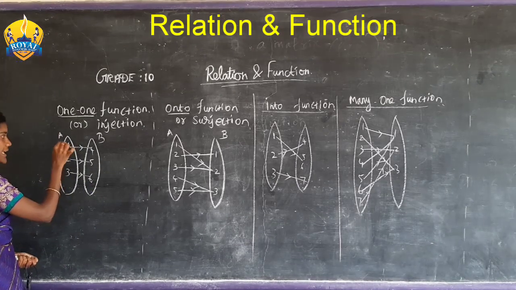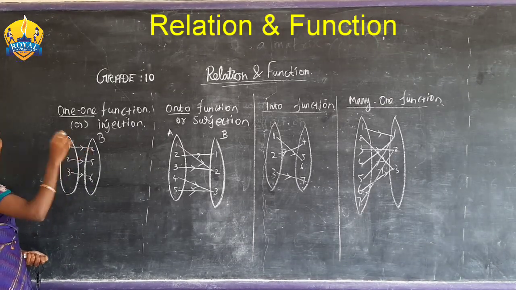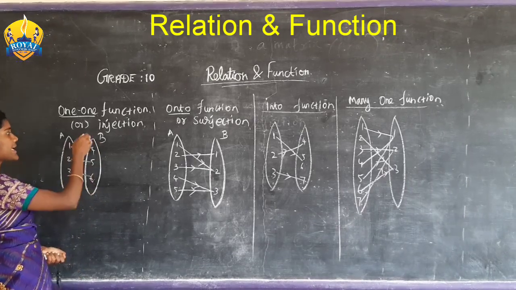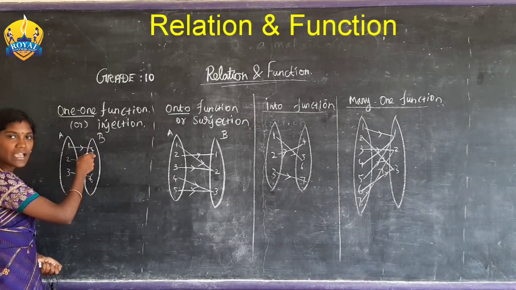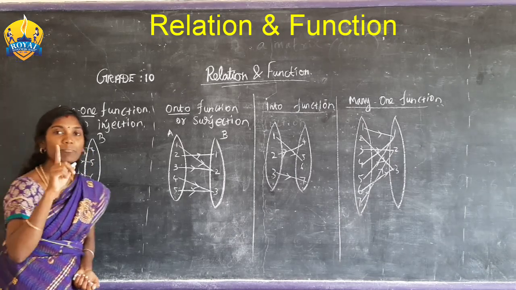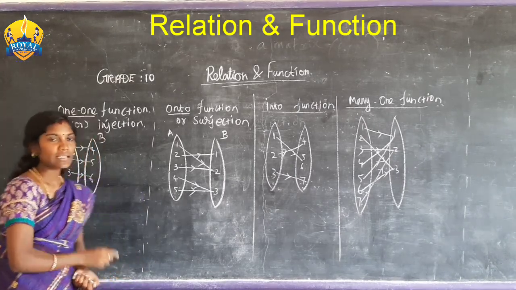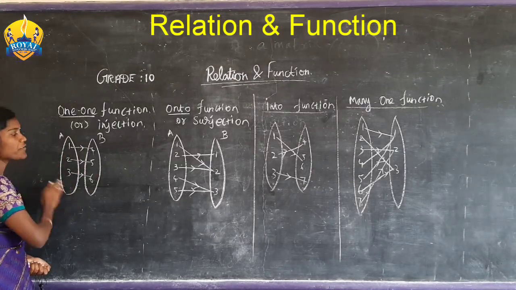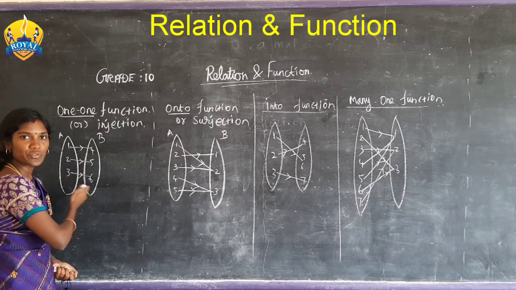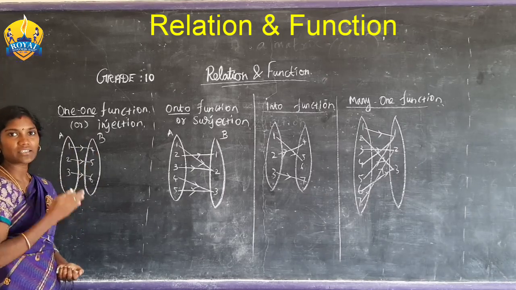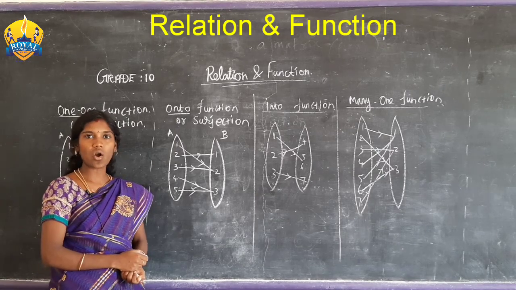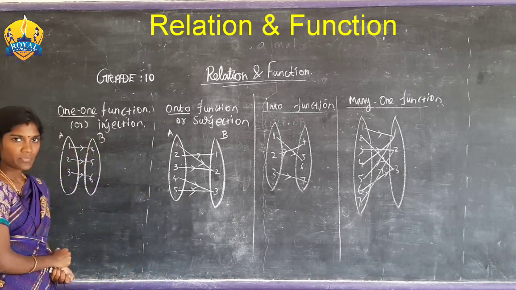Each element in A has only one image in B. Meanwhile, each element in B has only one pre-image in A. The picture is drawn like this. This type of relation, this type of connection is called one-one function.